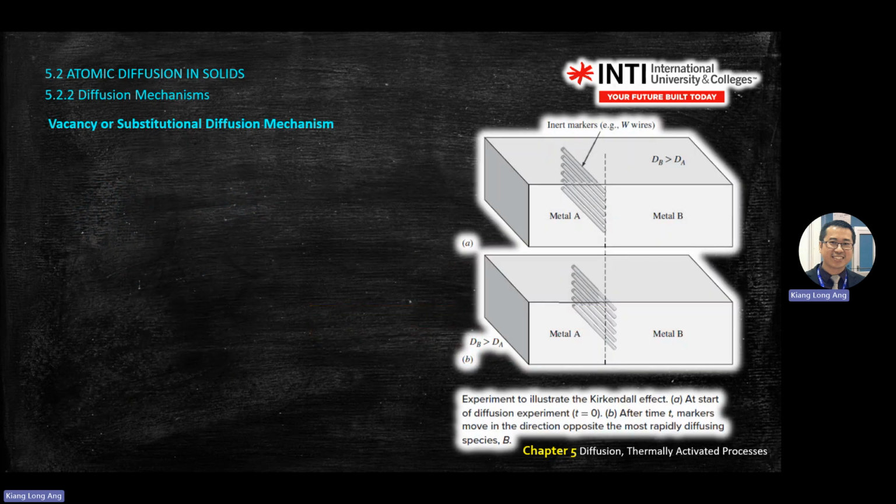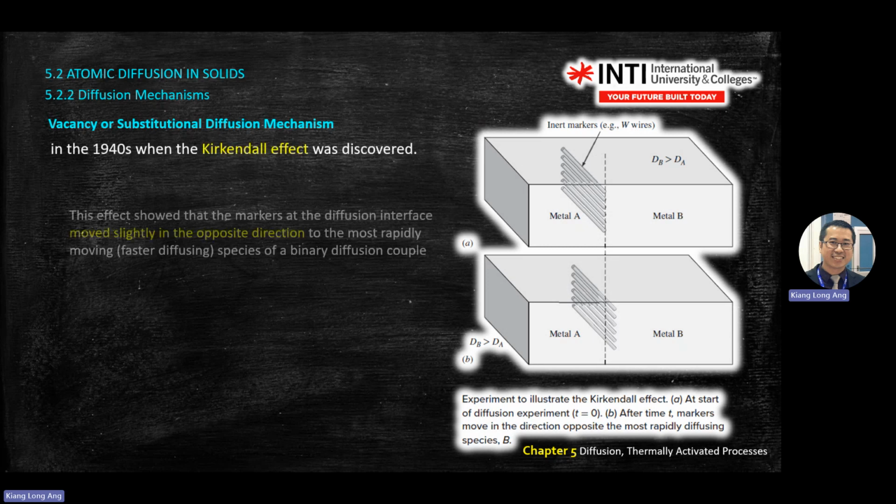Okay. So another one is called the Kirkendall effect. The Kirkendall effect shows that the diffusion interface moves in the opposite direction to the most rapidly moving species in the binary couple.